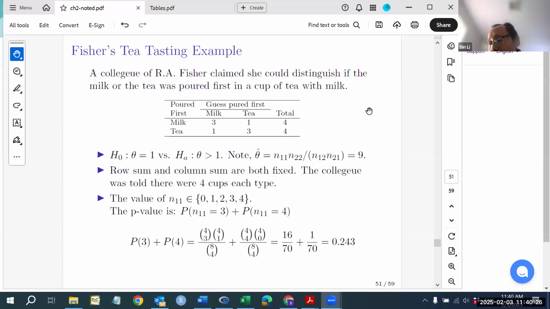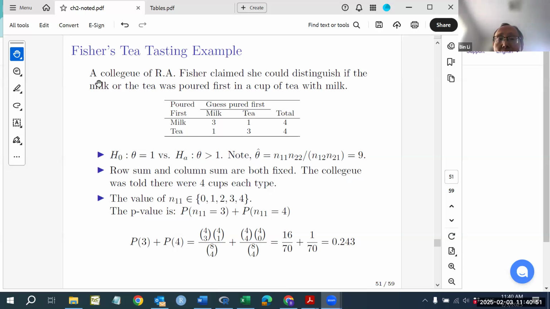Now let's see an example. This is a very old data set from R.A. Fisher and a colleague of R.A. Fisher, who developed ANOVA's F-test. He's called the father of modern statistics.